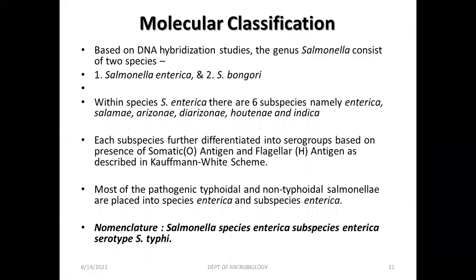Each subspecies is further differentiated into groups based on the presence of somatic O antigen and flagellar H antigen, as described in the Kauffmann-White scheme. Most of the pathogenic typhoidal and non-typhoidal Salmonella are placed into species enterica, subspecies enterica. The nomenclature is Salmonella enterica subspecies enterica, serotype Typhi.